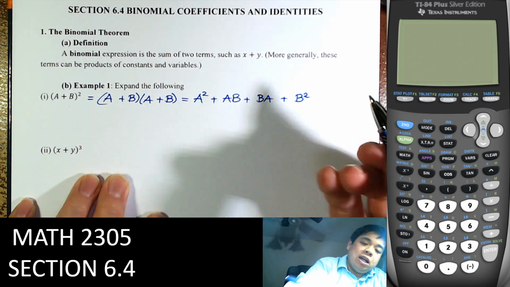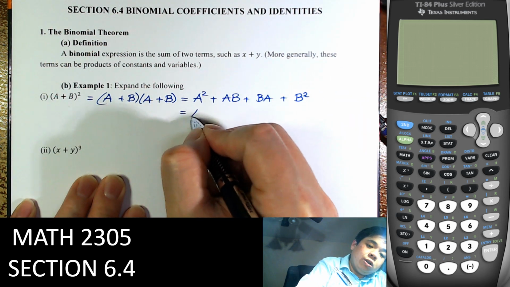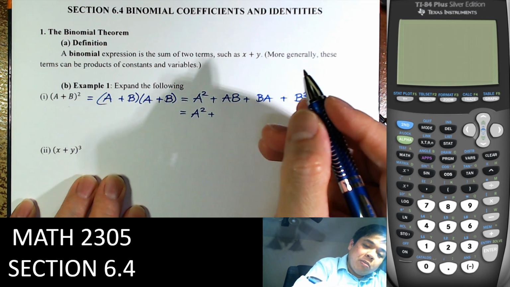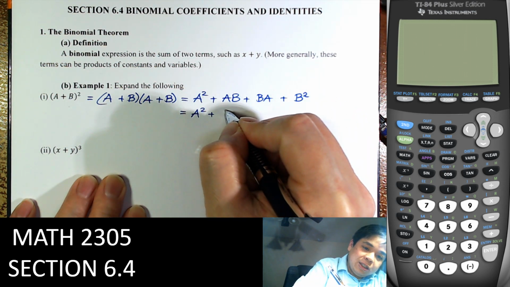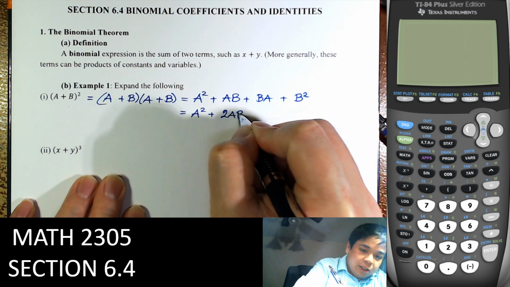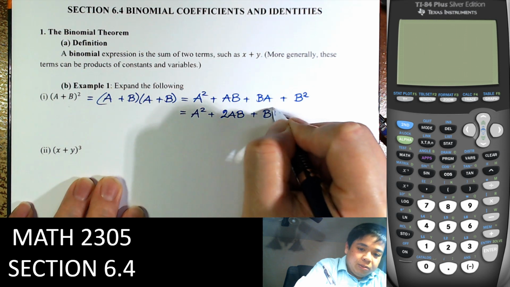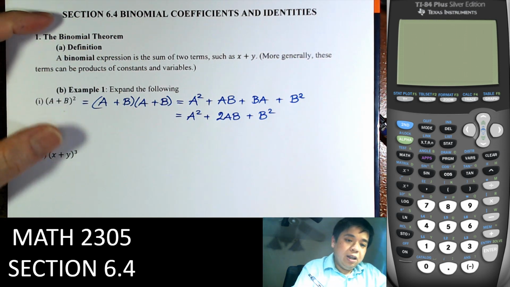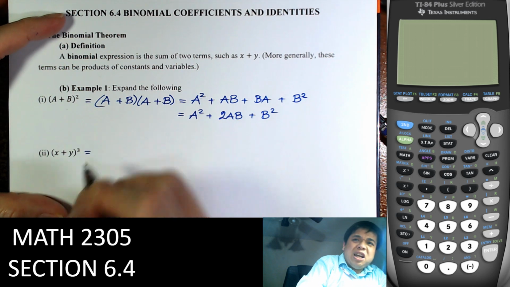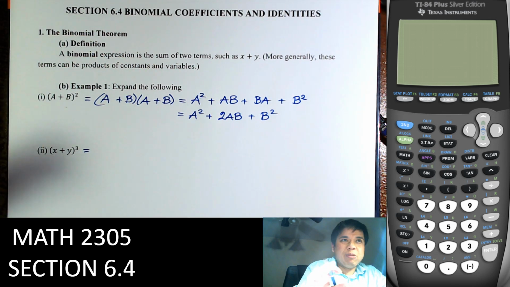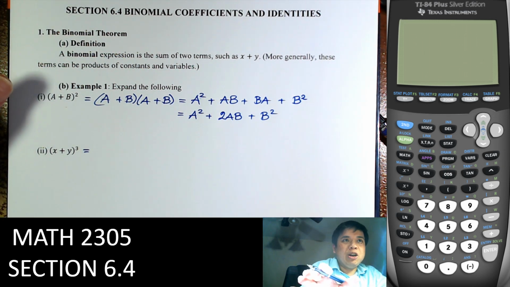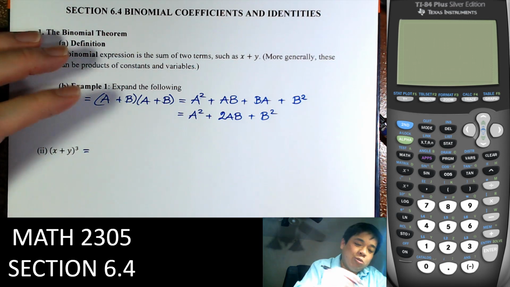Right, ab and ba are the same thing, so that's a squared plus 2ab plus b squared. Straightforward. Of course, there are shortcuts to multiply, but I want to do it deliberately like that. You'll see why in a minute.